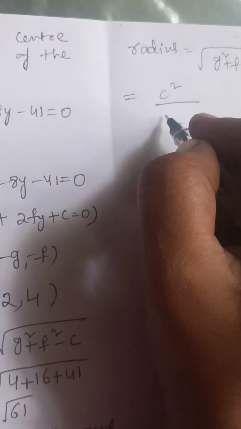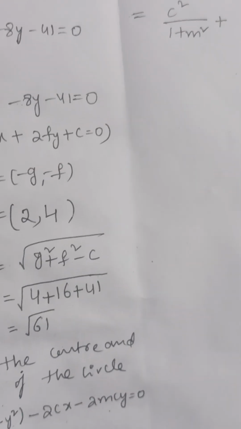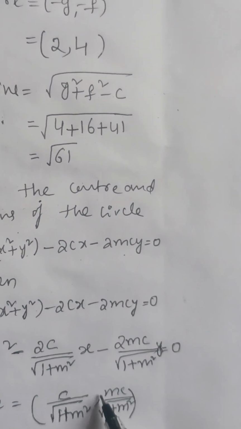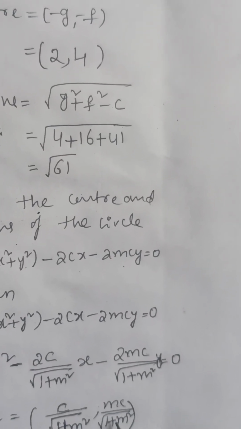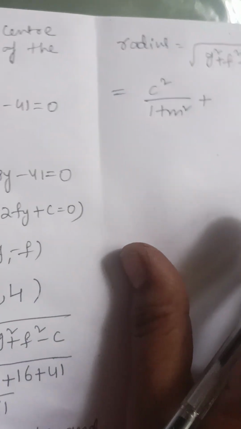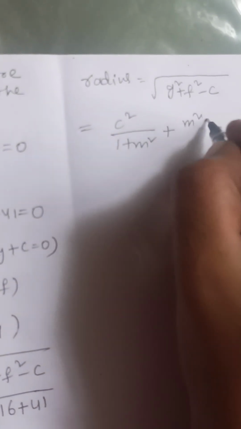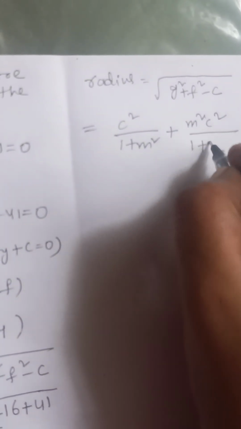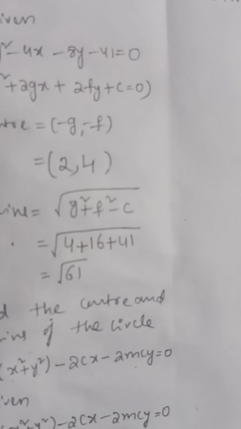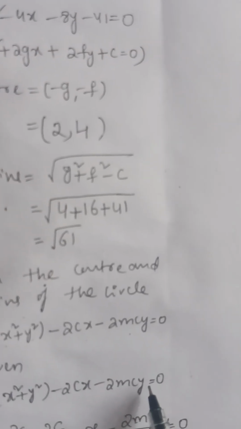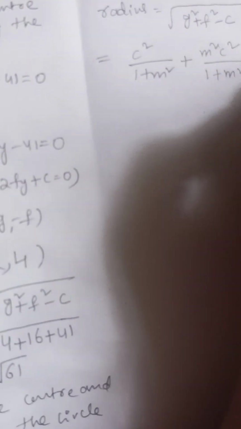Plus f square, f is minus mc by root of 1 plus m square, so the square of this is m square c square by 1 plus m square. And there is no c in the given equation of circle, because the constant is not there here. So constant is 0, c is 0. So minus 0.